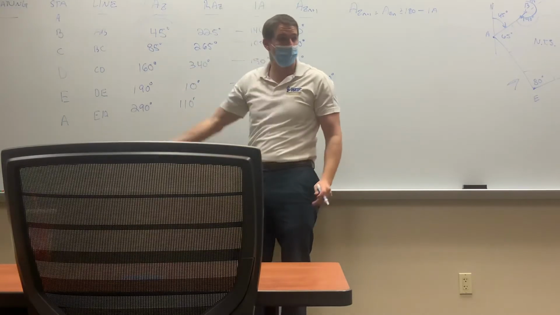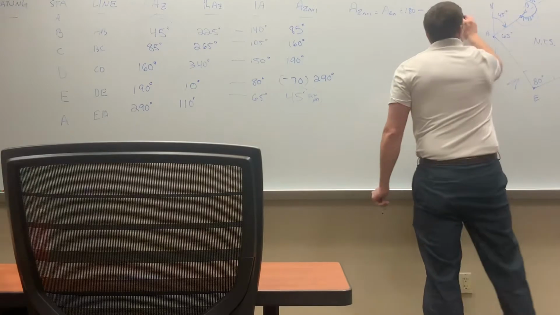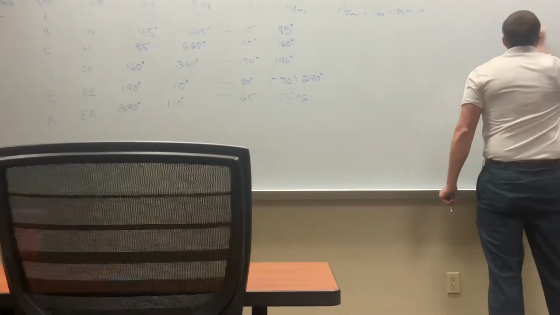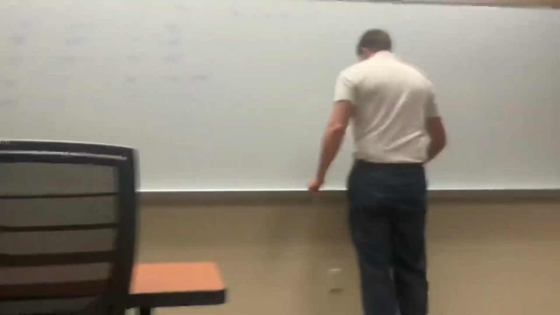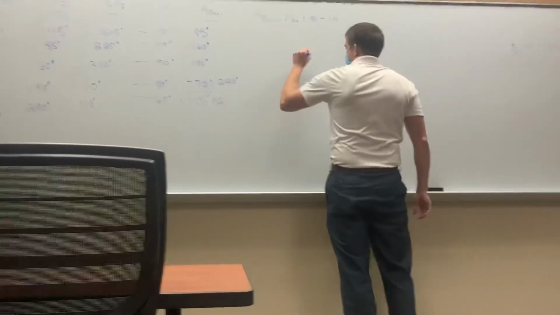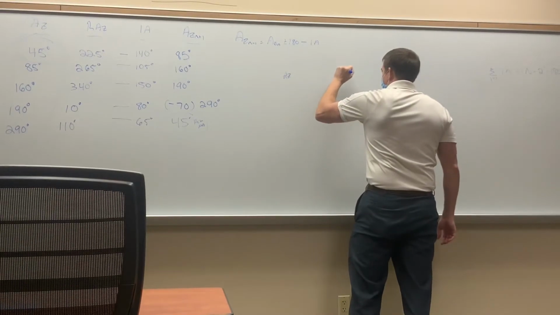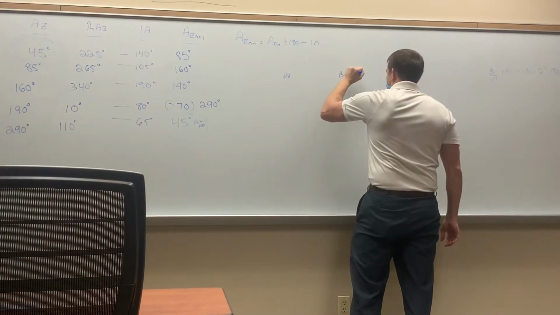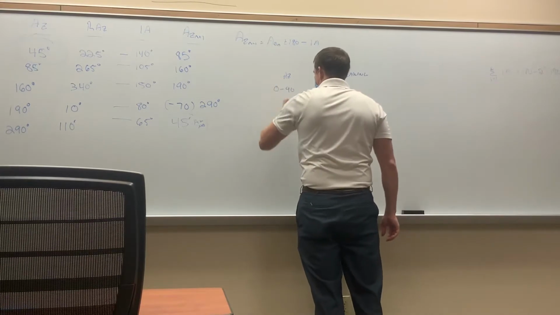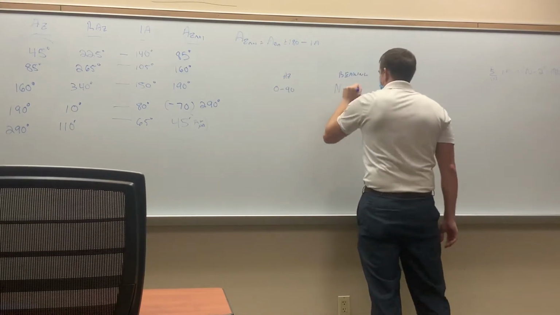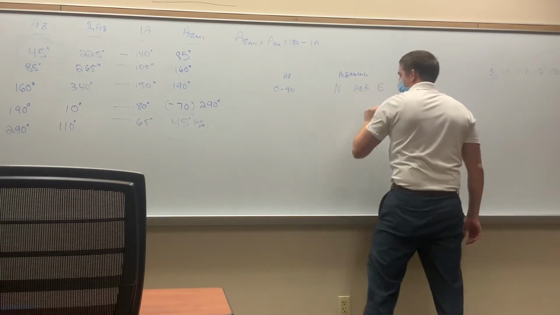All right, let's do the bearings real quick. We're going to convert these into bearings. Azimuth between 0 and 90: this is north, azimuth angle, east.